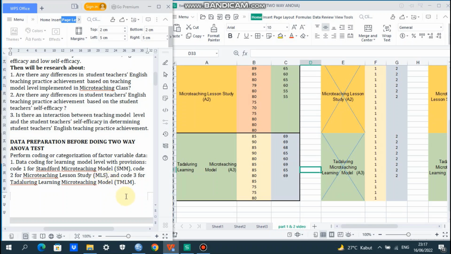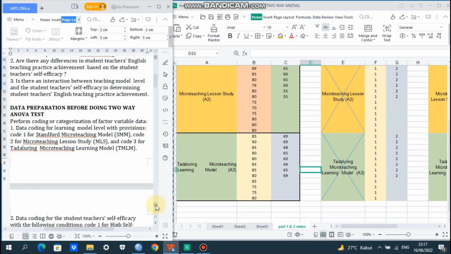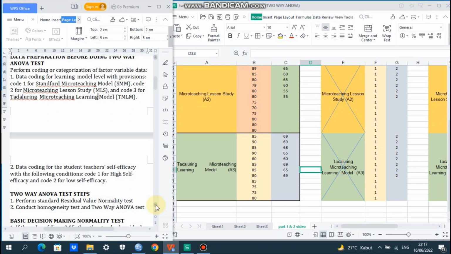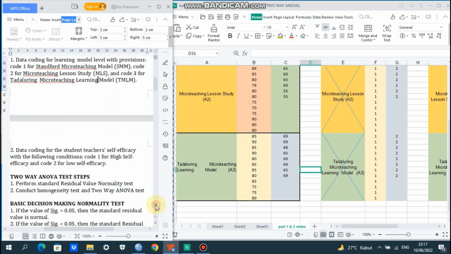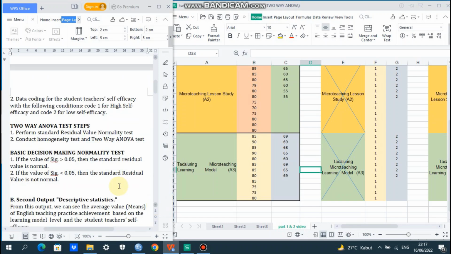And code 3 for Tadaluring Micro Teaching Learning Model, or TMLM. Next, data coding for student self-efficacy with the following conditions. Code 1 for high self-efficacy and code 2 for low self-efficacy.